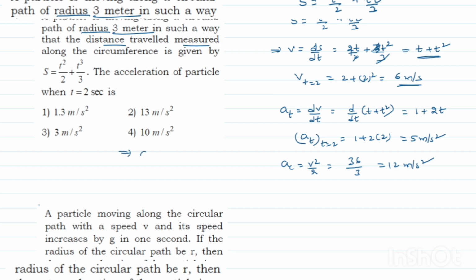The resultant acceleration is the square root of a_t square plus a_c square, which is 12 square, 144, plus 5 square, 169. So resultant acceleration a equals 13 meter per second square. This is the correct answer.